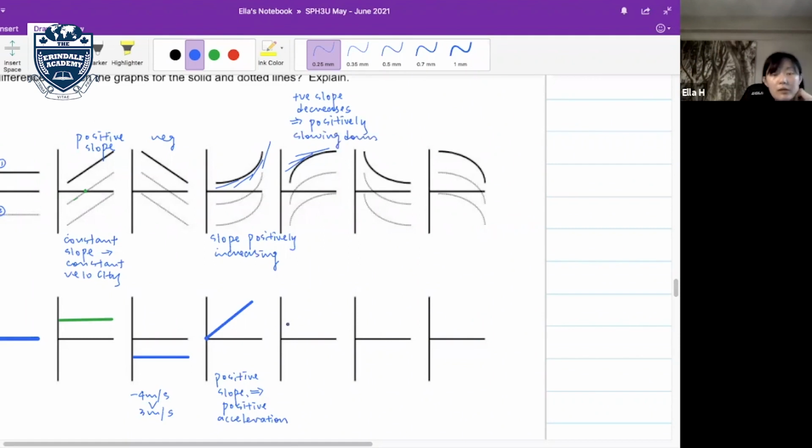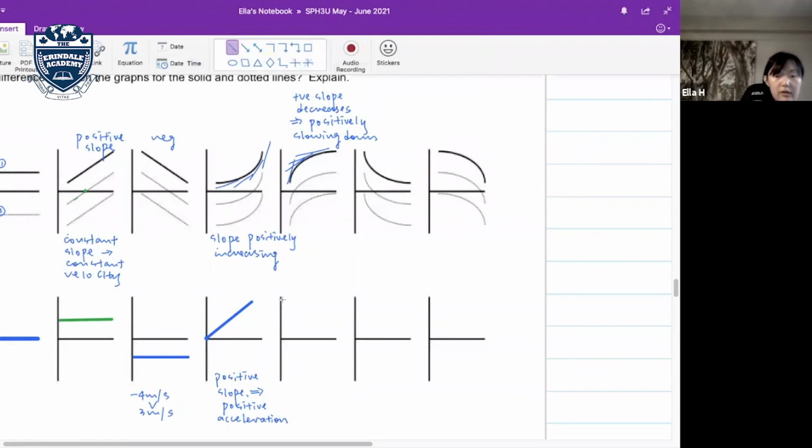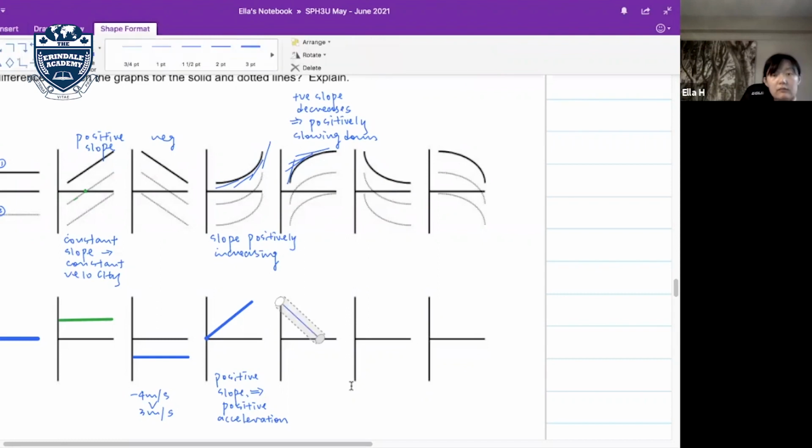So how do I illustrate VT to have positively slowing down? So it's not going to look like that, since this one is positively speeding up. So I should have something that looks like starting from positive but fast and then slow down.